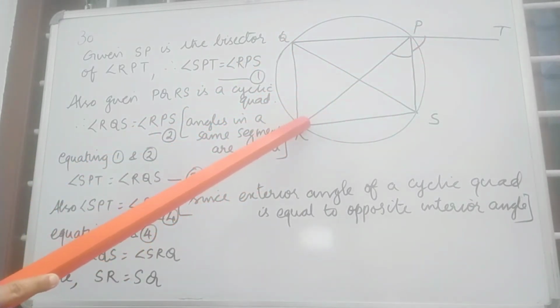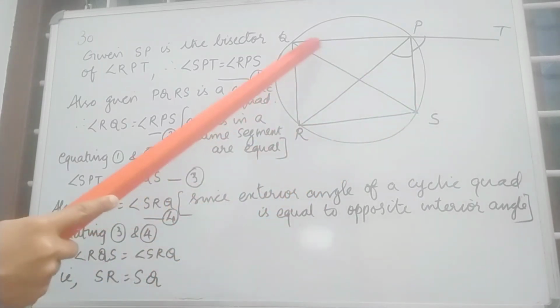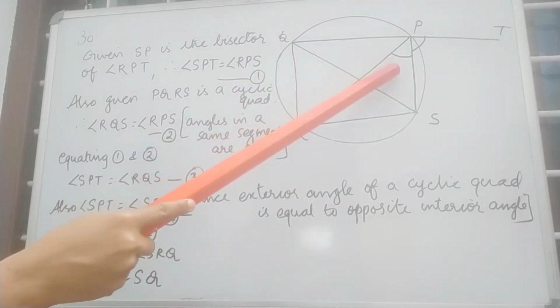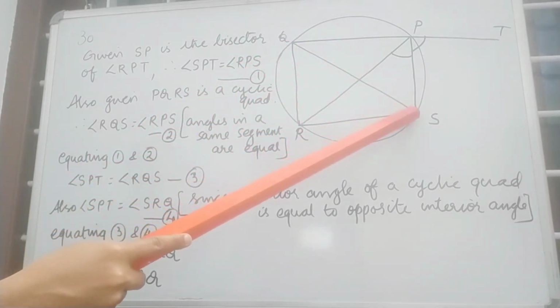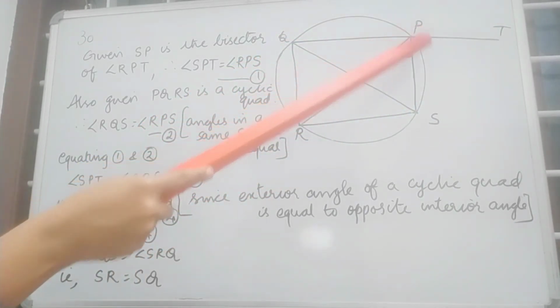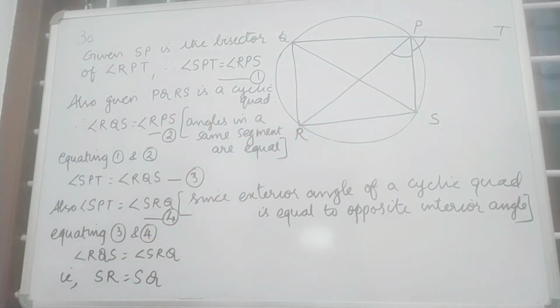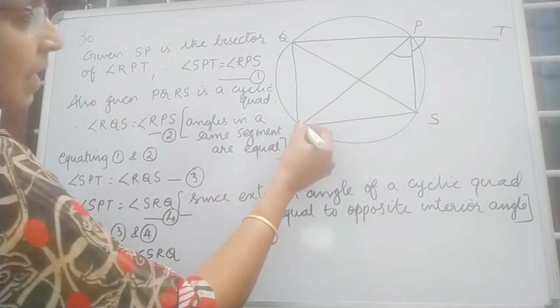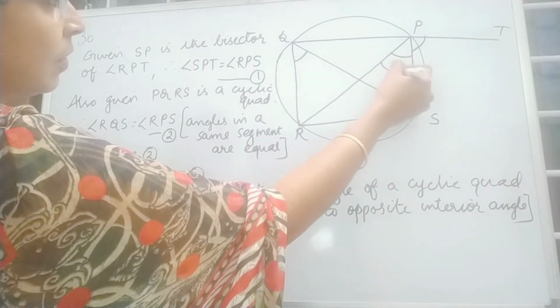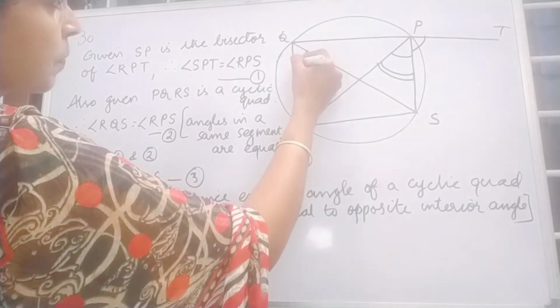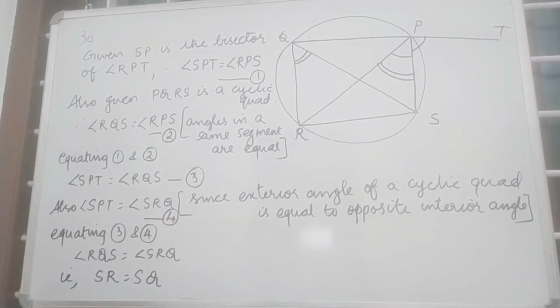Both are in the same segment RS, so these two angles will be equal. That is, angle RQS and RPS will be equal since both lie in the same segment RS. Let it be equation number 2.